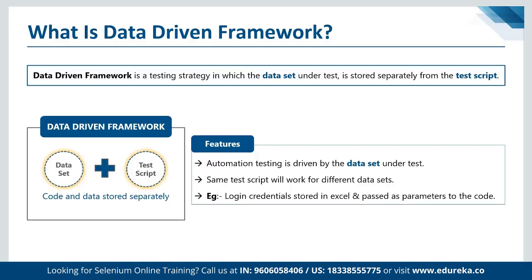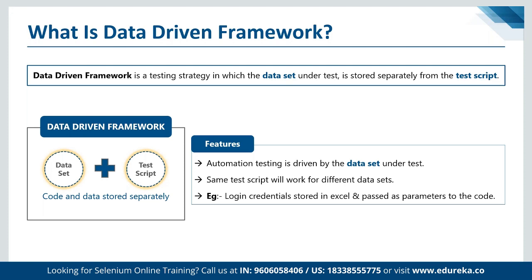Now, when I say data-driven, from the name itself you can understand, correct? Data-driven is a testing strategy in which the data set, meaning the content, the input data under test, is stored separately from the test script.